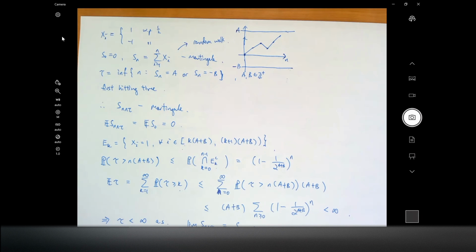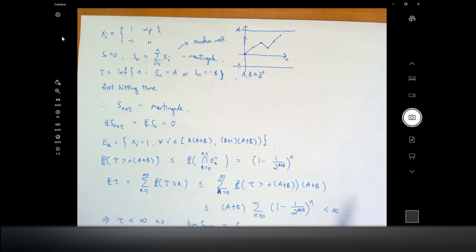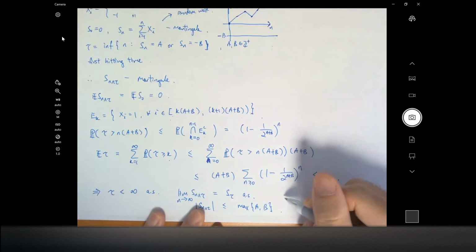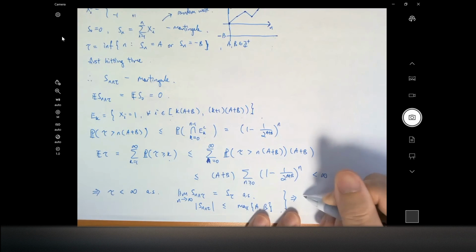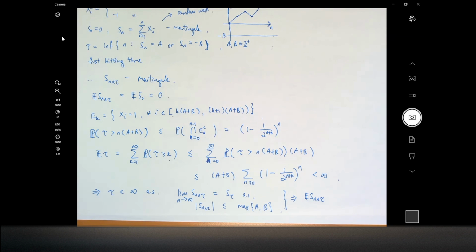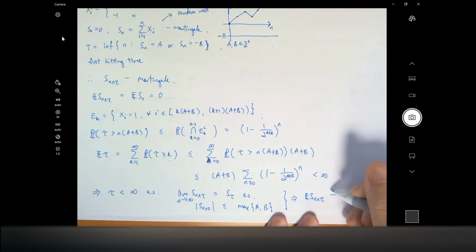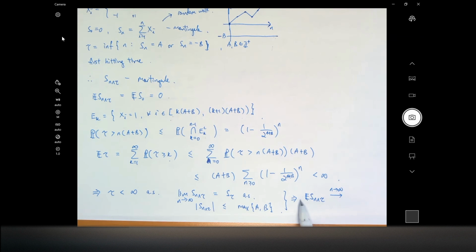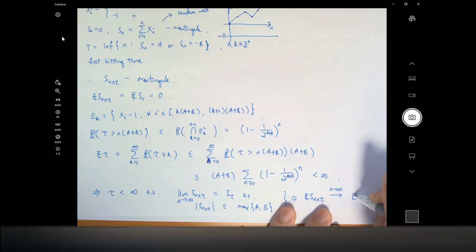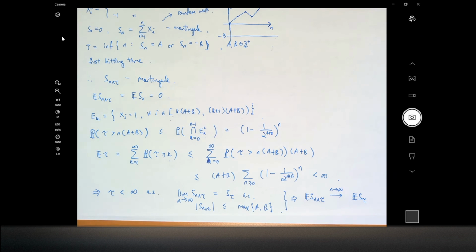So we can now make use of the dominated convergence theorem, the DCT, to say that since this is bounded, if we take the limit of the expectation, I can bring the limit into the expectation. So this implies that the expectation of S_n minimum of tau, as n goes to infinity, I can bring the limit inside the expectation, and this converges to the expectation of S_tau.